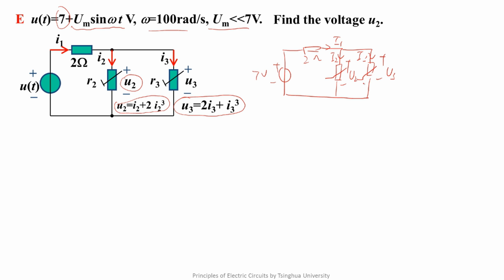So we need to write 5 independent equations. First of all, we can write 2 KVL equations. Then we use KCL at this node. Besides, we have 2 nonlinear UI relationships.